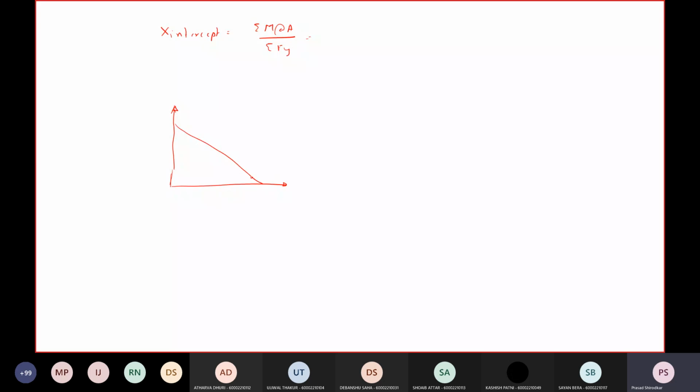This is your R. I hope everybody is able to understand how I am placing this R in the first quadrant, why not in any other quadrant. I hope that is clear. If you are not clear, you should ask.